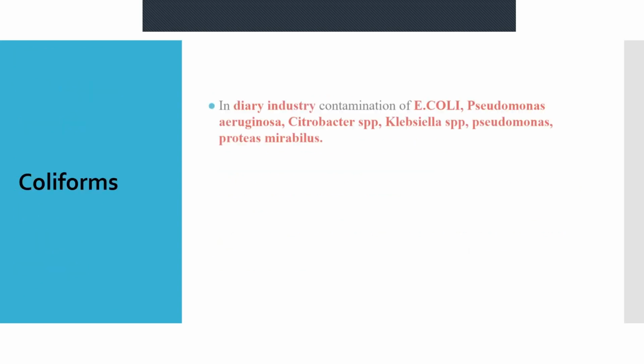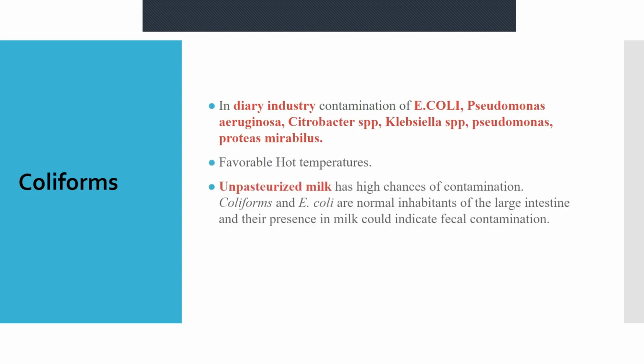Next come the coliform infections. As we all know, coliform infections indicate fecal contamination. In the dairy industry, contaminations of E. coli, Pseudomonas, Citrobacter, and Klebsiella species are general. They favor hot temperatures.